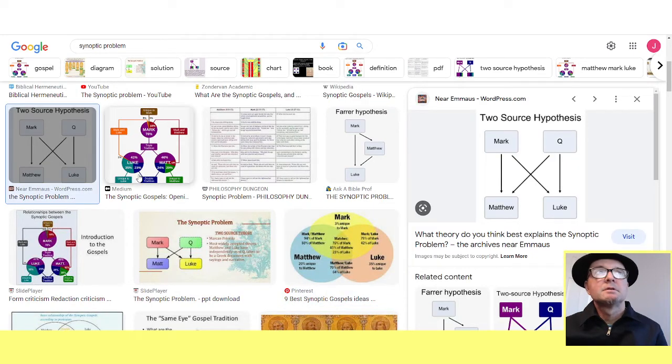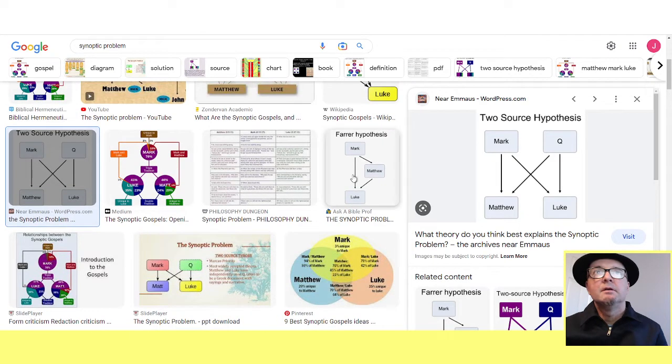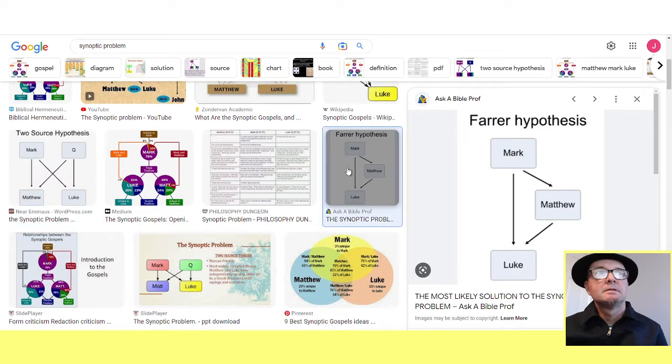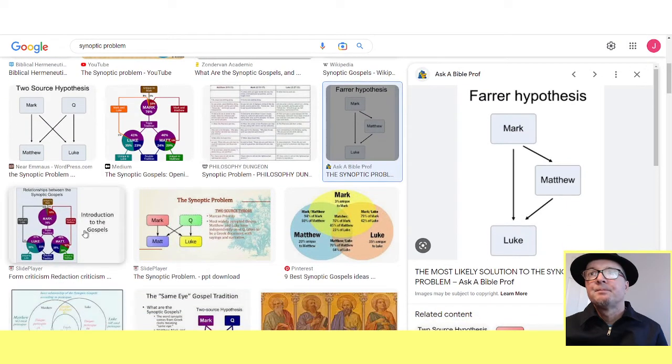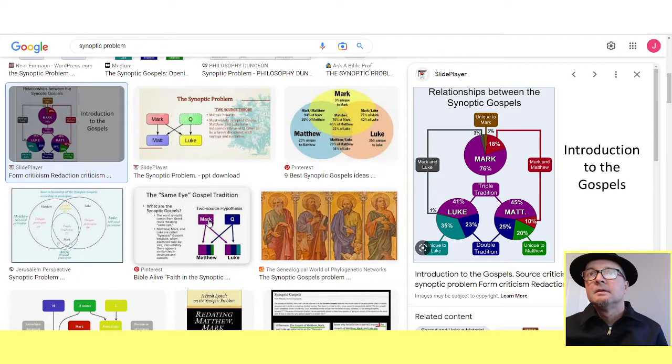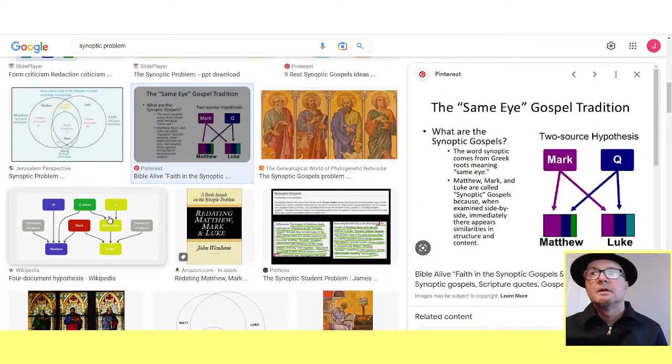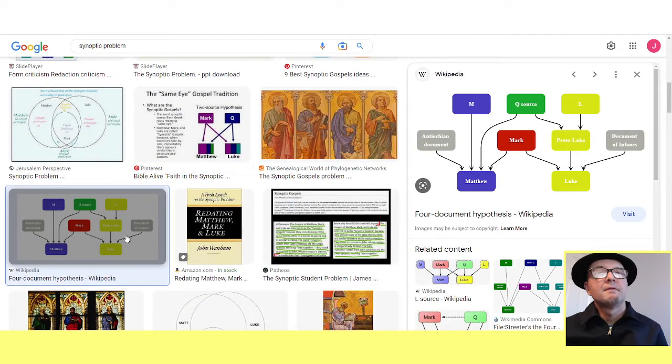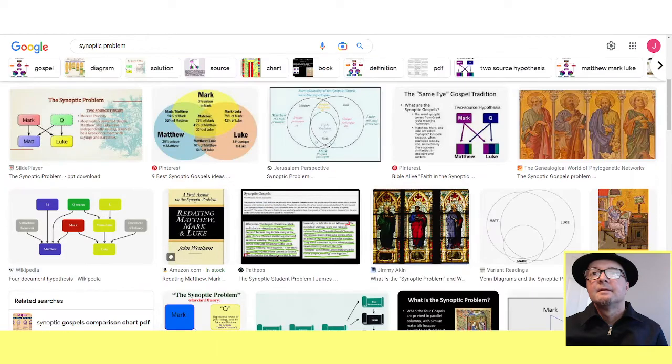We have a two-source hypothesis with Mark and Q, the Farrer hypothesis without a Q. This is a great graph showing how much comes from Mark, etc. A little more complex graph here. All right. So we can see there's quite a bit of complexity to the synoptic problem and many things to think about.